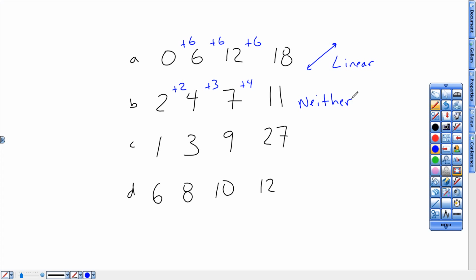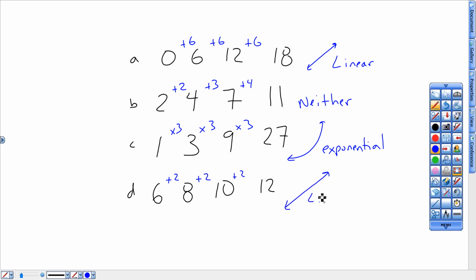This one, timesing by 3, timesing by 3, is going to be a curved line, exponential or geometric. And then the last one, up by 2, up by 2, looks like another linear straight line, arithmetic. All right, gotta know those.